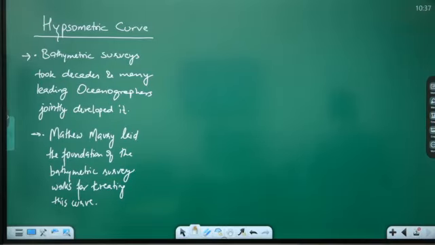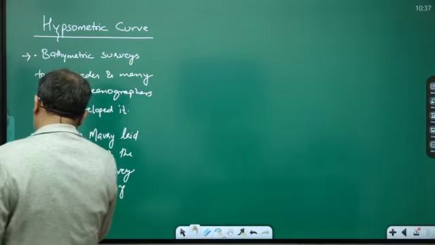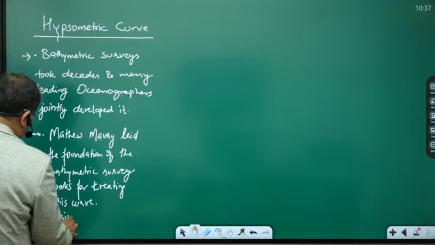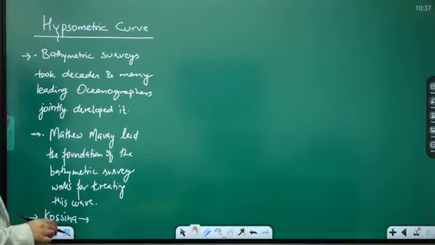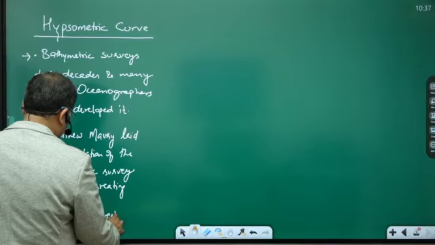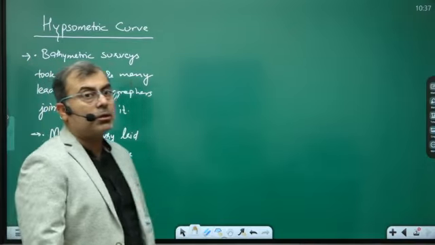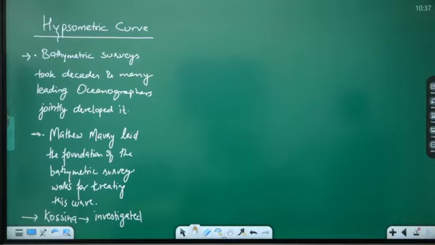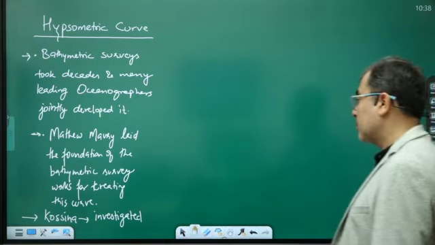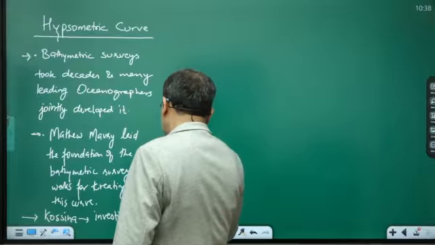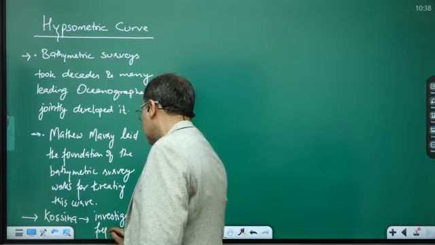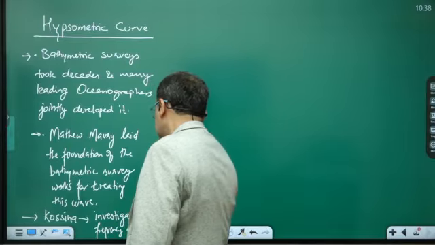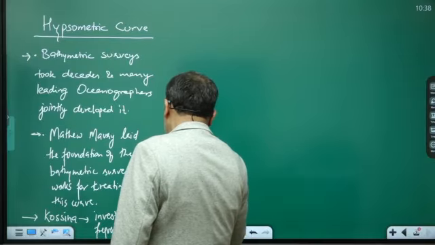Later, Kossinna worked on investigating and compiling frequency analysis data of elevation and depths.